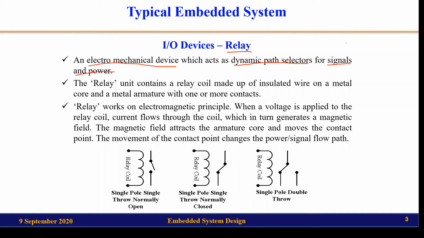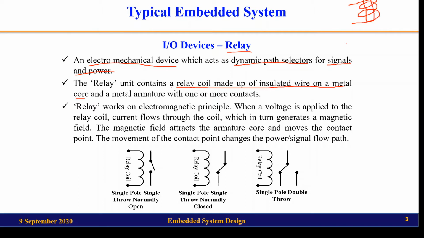So this consists of a relay coil made up of insulated wire on a metal core. So you'll be having a metal core, on which there will be a winding. The relay coil is made up of an insulated wire on a metal core.